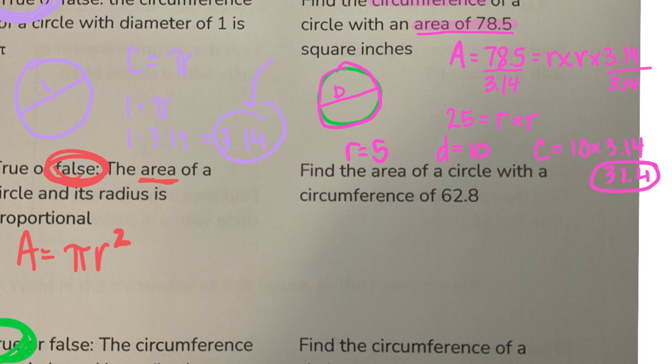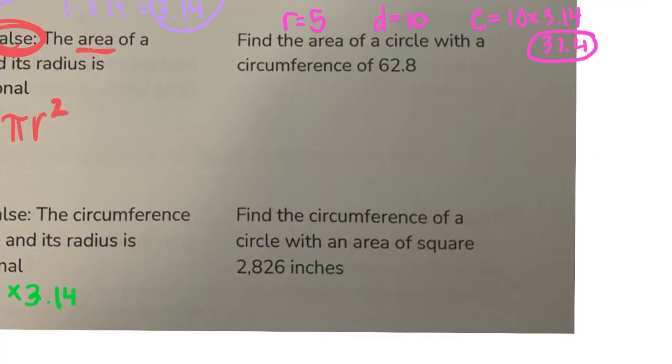So it's the back engineering that we need to do that makes these problems a little bit tricky. Okay, this next question, same idea. We need to find the area of the circle, knowing that the circumference is 62.8. So first, my circumference is equal to 62.8. I'm going to divide by pi, and that's going to give me my diameter.